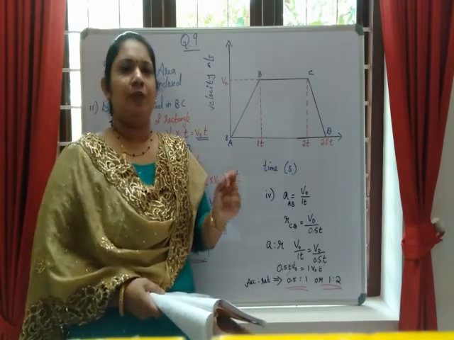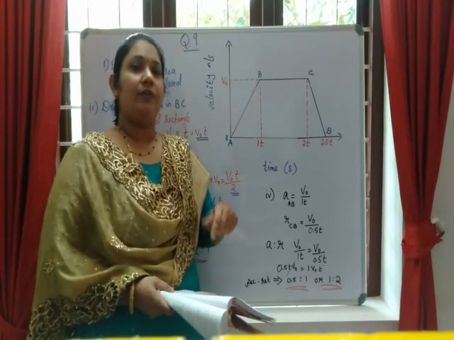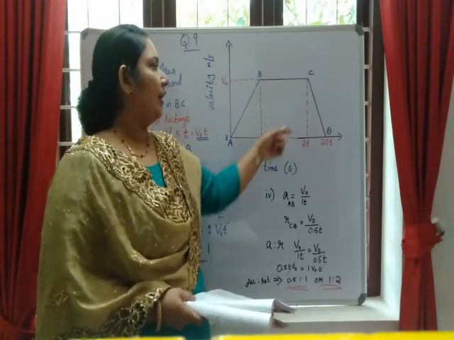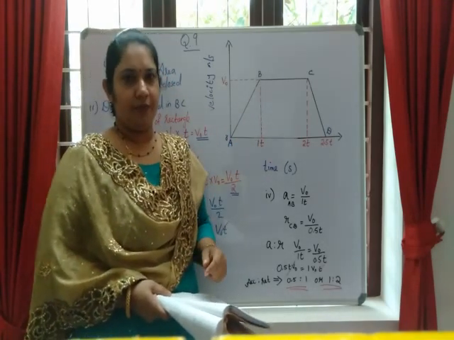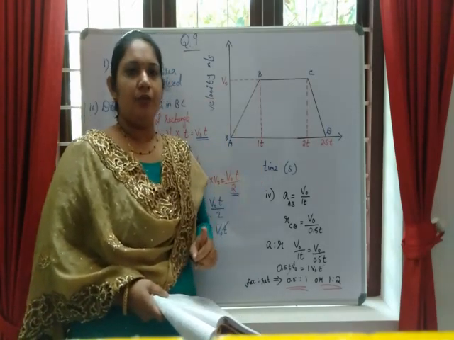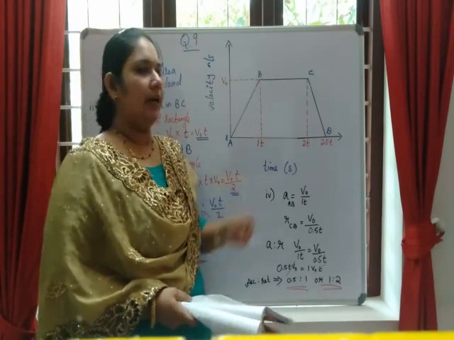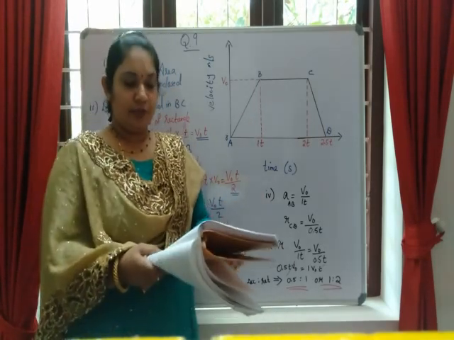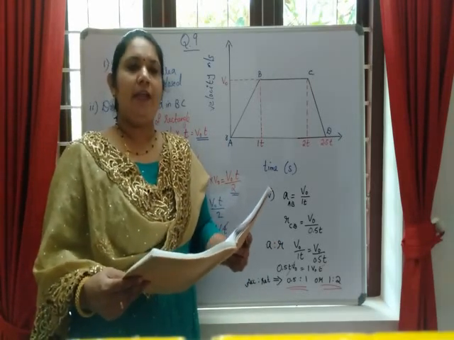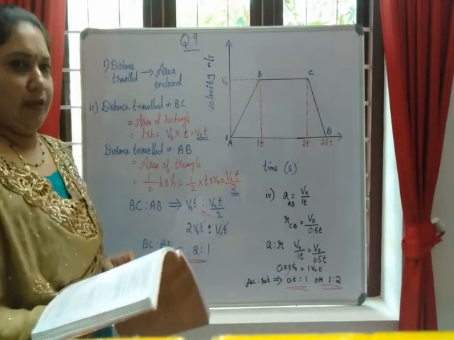But if you are asked to calculate displacement using a velocity time graph, you have to find the area enclosed in the graph. So here the printed answer is, by finding the area enclosed by the graph, we will get the displacement.